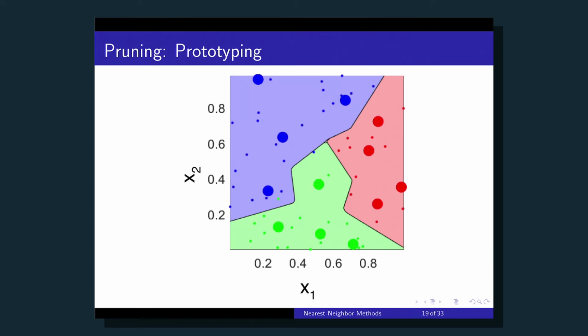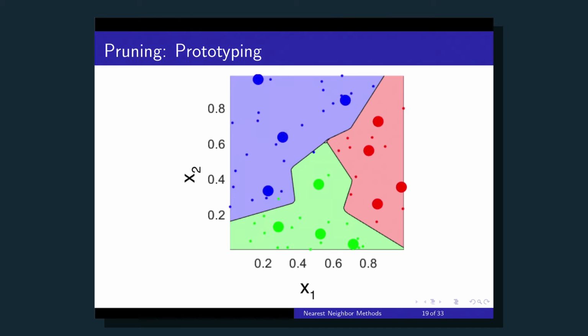They define the region occupied by the class they represent, so that the boundary is still more or less the same as the original boundary with all the points involved. Obviously there can be small differences, but sometimes the gains in speed make the losses in accuracy worth it. So how do you find these prototypes?